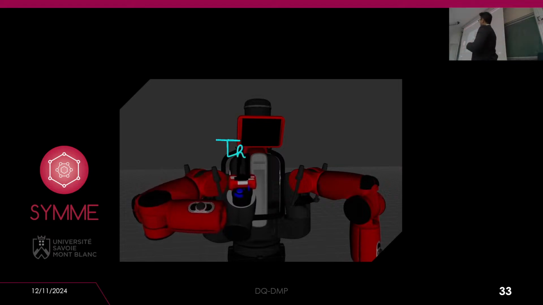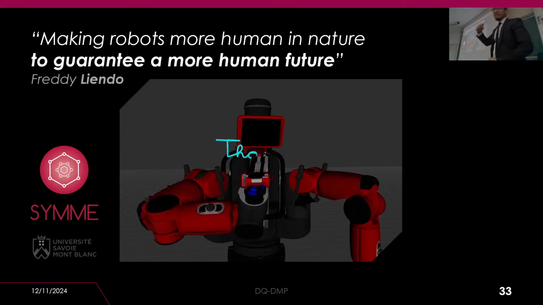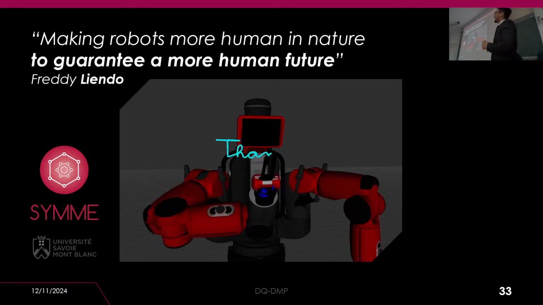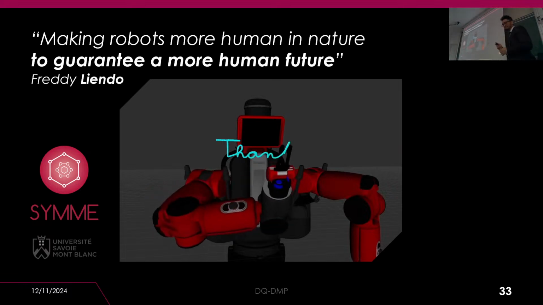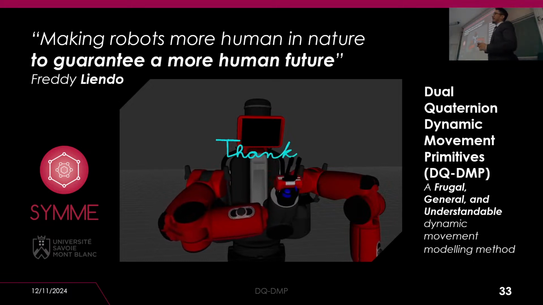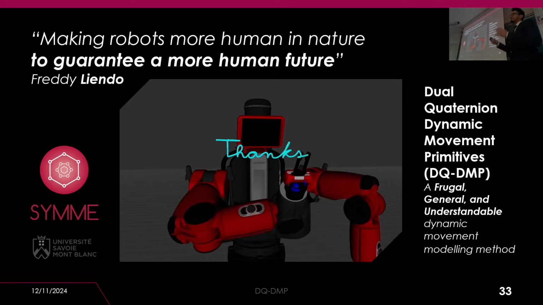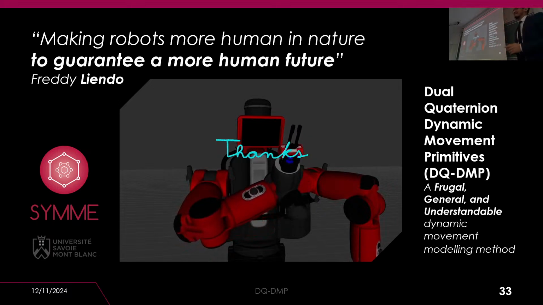So, in order to guarantee the synergy between humans and robots, I propose to focus on making robots more human in nature to guarantee a more human future. This has been my presentation about a frugal, general, and understandable dynamic movement modeling method, namely dual quaternion dynamic movement primitives. Thank you all for coming. I will be answering your questions.